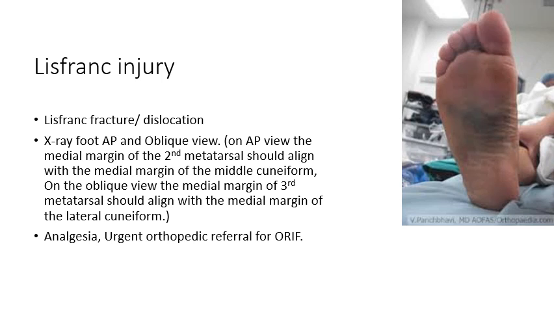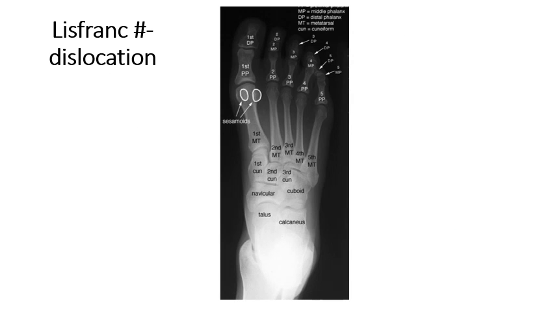So there is a difference. On AP, it is the second metatarsal with your middle cuneiform. On oblique view, it is your third metatarsal with your lateral cuneiform. What you need to do is analgesia, orthopedic referral for your ORIF. Lisfranc fracture dislocation.